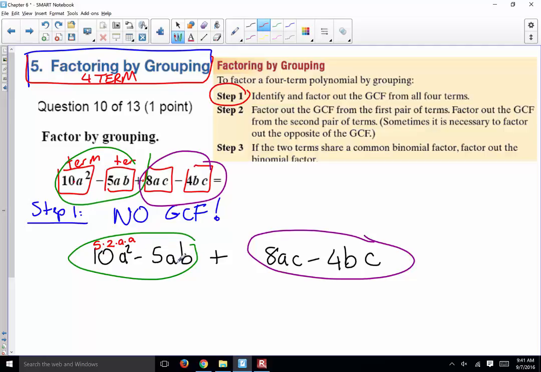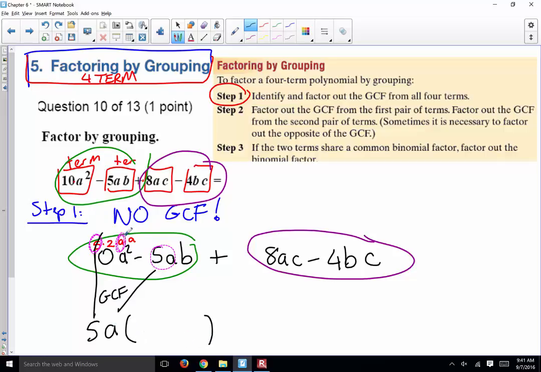Do you see anything common among these? Yeah, 5 and a. 5a. Both are common, right? So can I factor these out? The GCF of only this group is 5a.